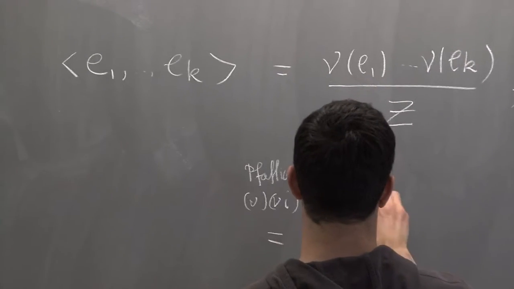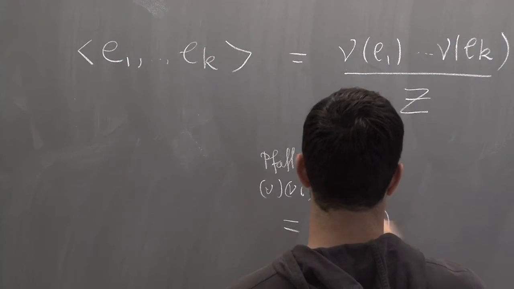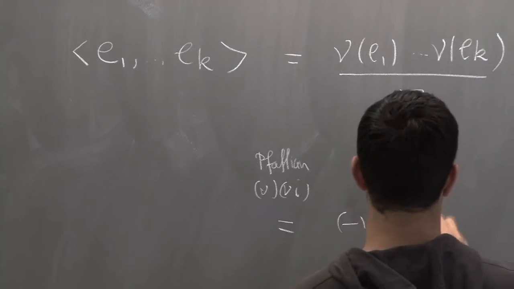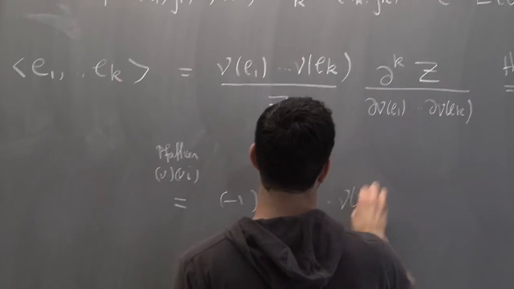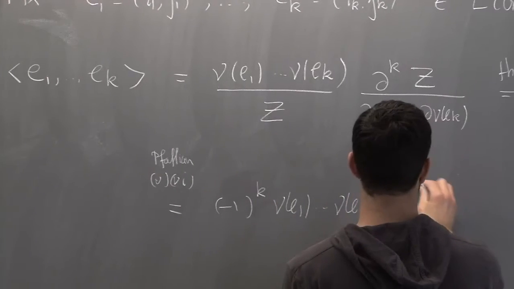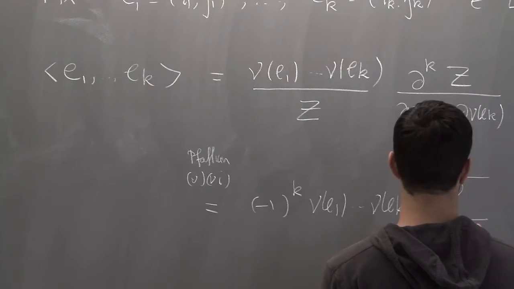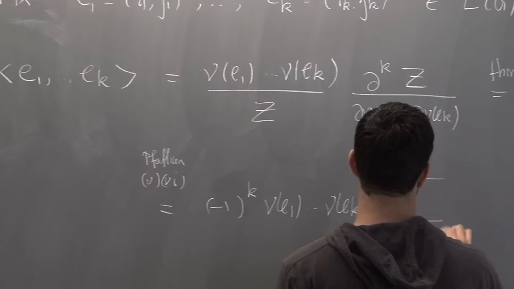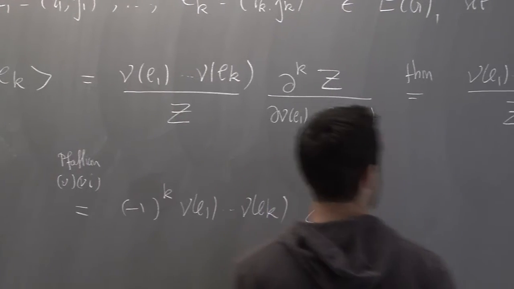So it gives a sign, minus 1 to the power k, mu E1, mu EK, sum over these Kasteleyn orientations.